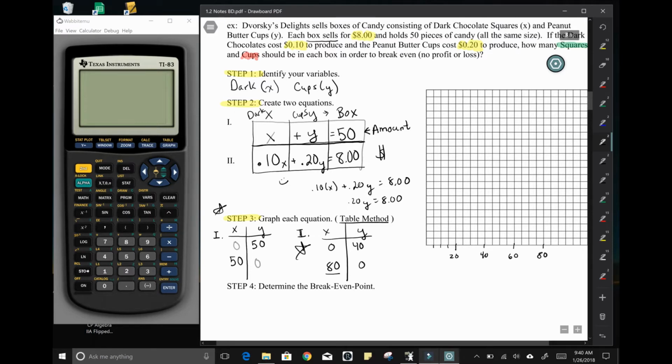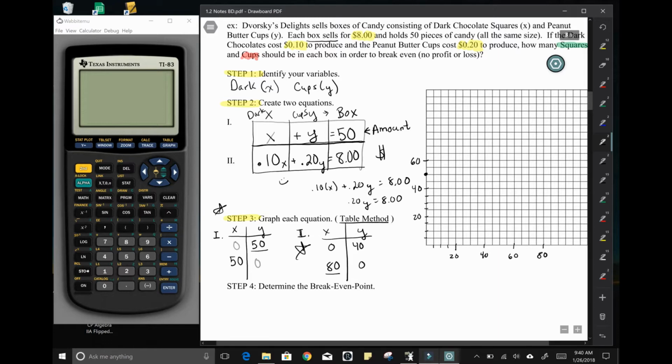And in the same direction on the y-axis, I need to get up to at least 50. Okay, so that would actually be kind of right in there.